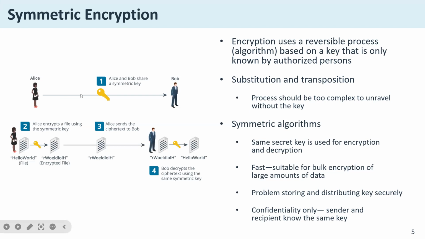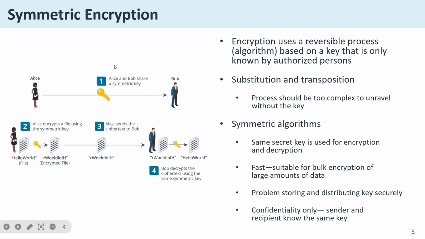So you have a plain text, you have an algorithm, you have a ciphertext. The algorithm is what helps in changing this particular plain text into the ciphertext. So you say encryption uses a reversible process based on a key that is only known by the authorized person. And at times substitution is possible.